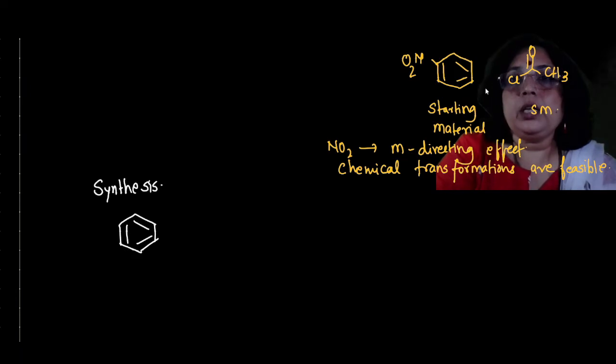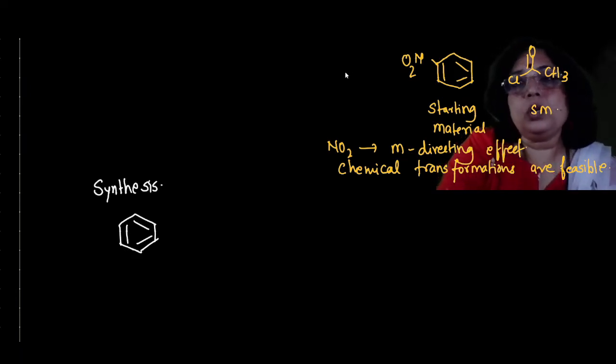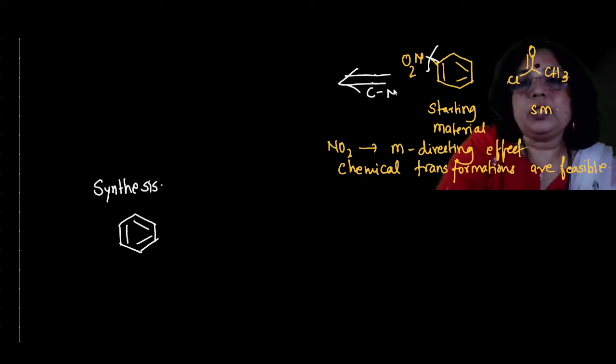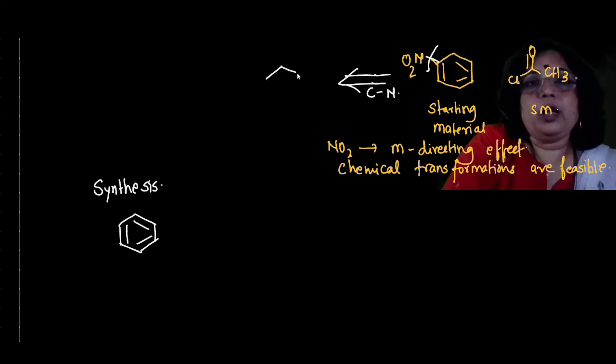One more thing is you can also make it more and more simple. That is, you can cut over here. That is the C-N disconnection, and again you can have the simplest one.